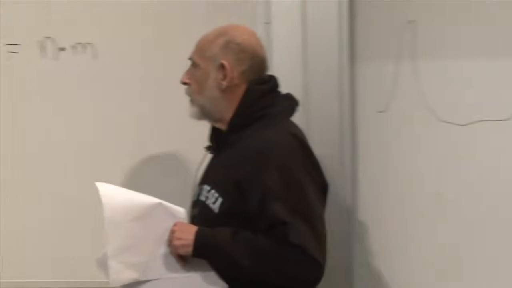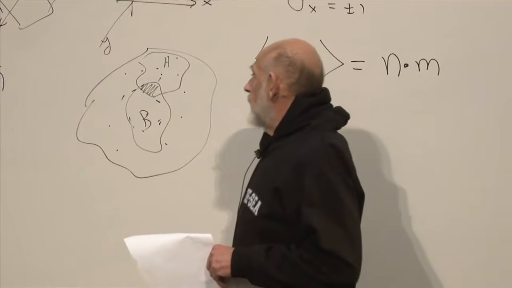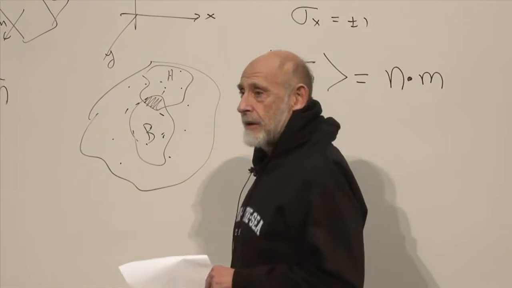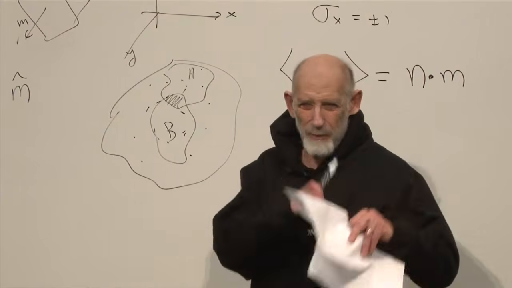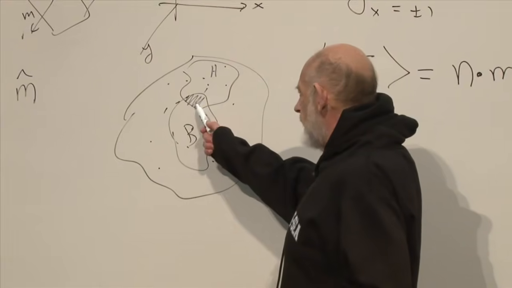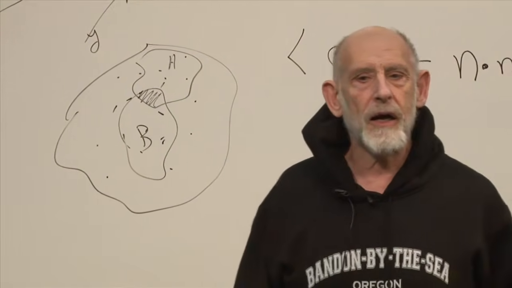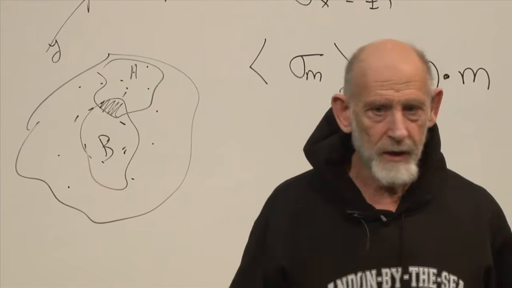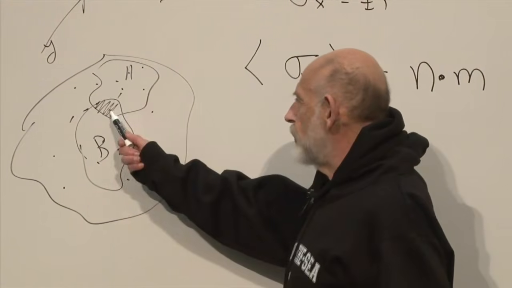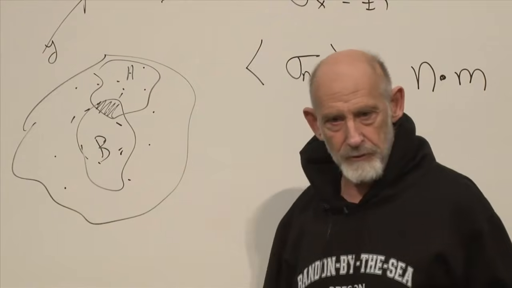Another way to say it, the right way to say it, is this is the set of points in here for which the proposition A and B is true. A and B is true in here, and it is true nowhere else.